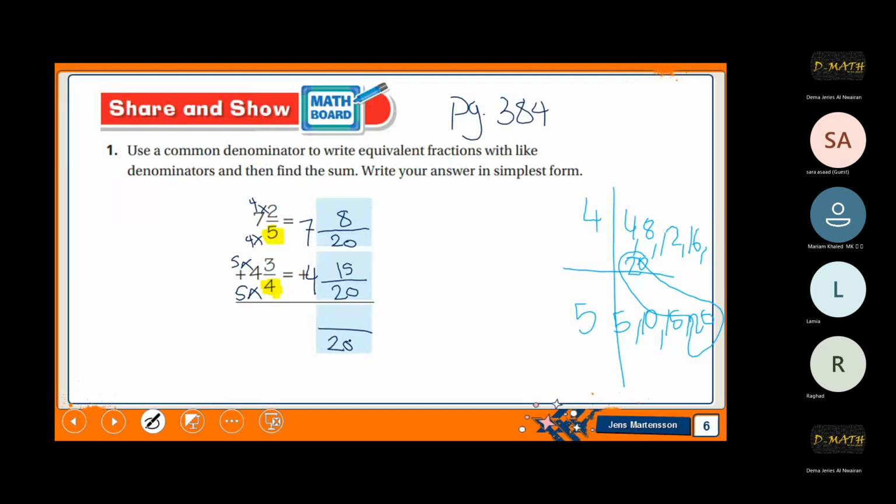Then I will add 8 plus 15, 23, and 7 plus 5. Now, do you know how to change a fraction to a mixed number? If you remember, like 7 over 4, how do you write it as a mixed number? Do you know how?